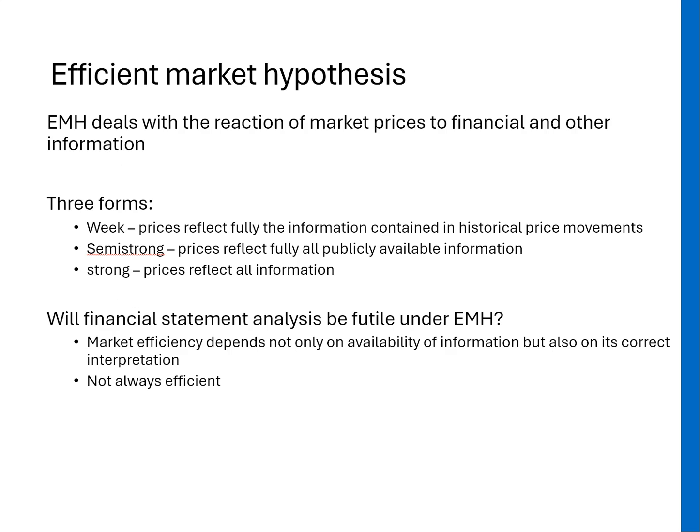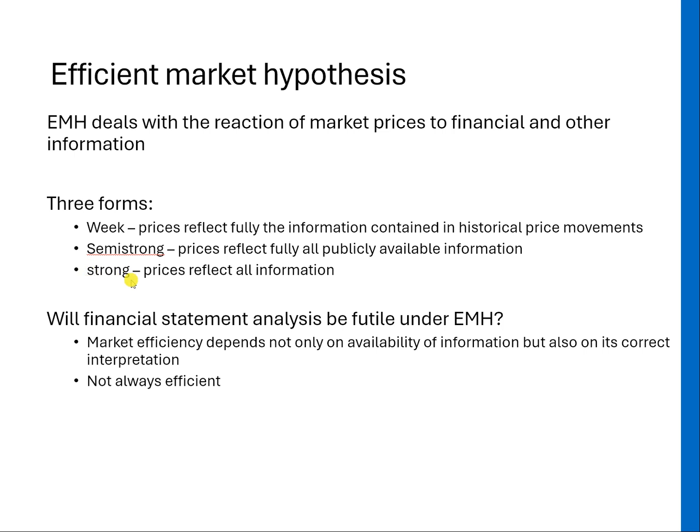Before we move on, some people will say, okay, the market knows everything, so we don't really have to do all this work by ourselves. This is from the efficient market hypothesis. The efficient market hypothesis deals with the reaction of market prices to financial and other information.